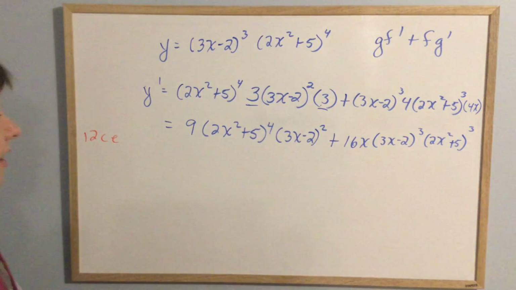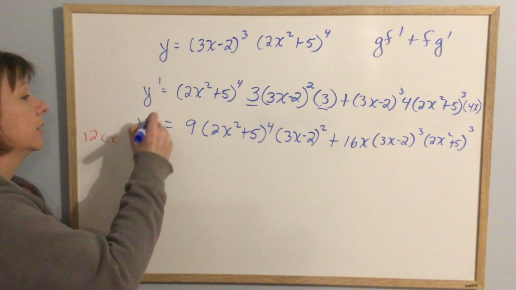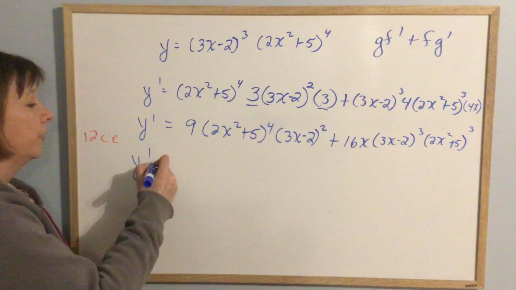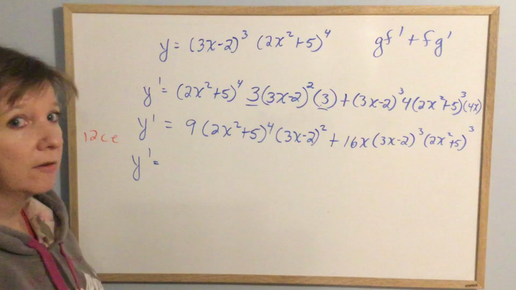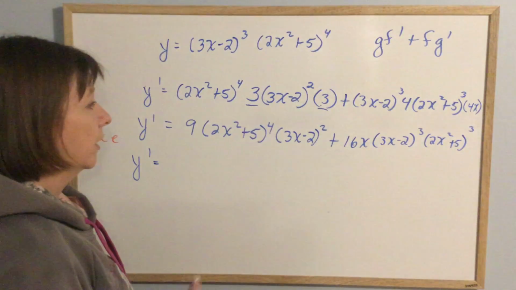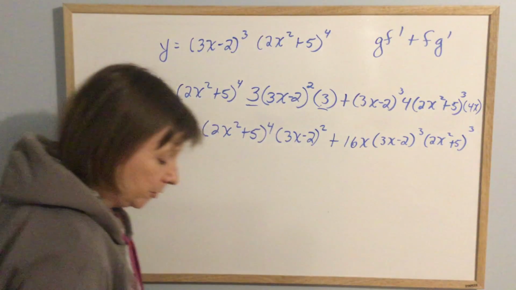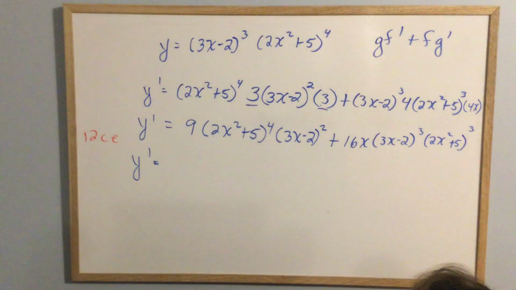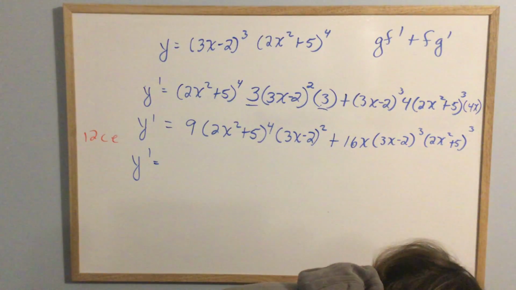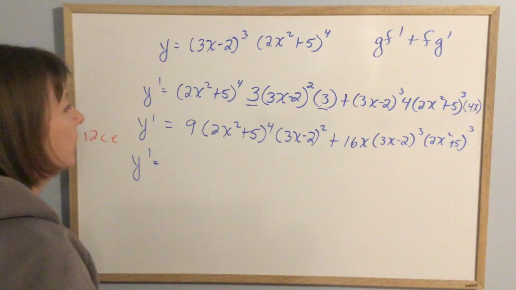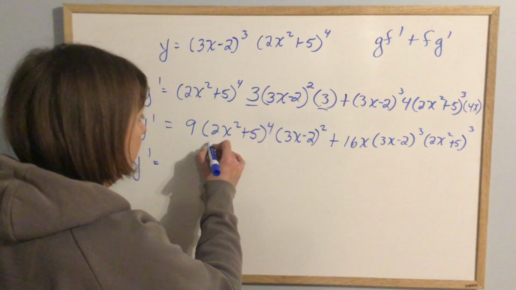So again, technically that's the derivative. However, professors like it when you clean it up. So I'm going to think about common factors. And again, you can usually do that a couple of different ways, but I'm going to think about what is the same here.